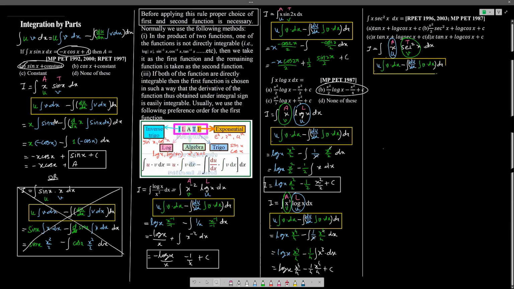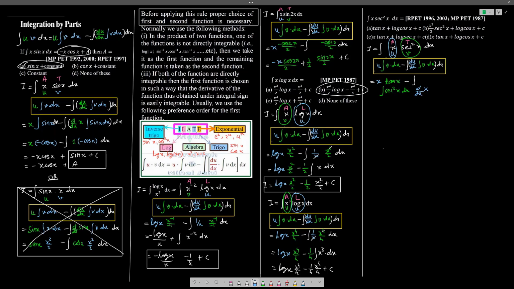Now apply the formula. U as it is, integration of v, which is sec square x, so that will be tan x, minus integration of differentiation of u.